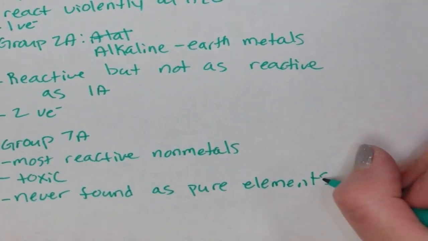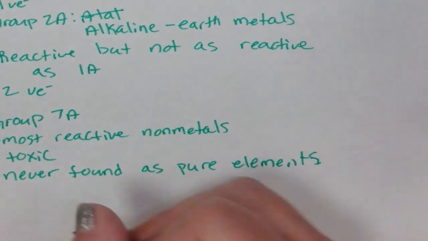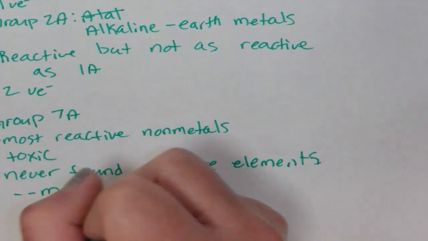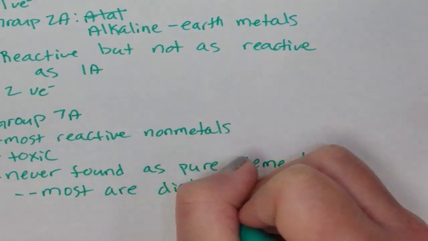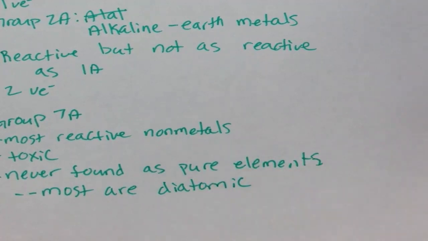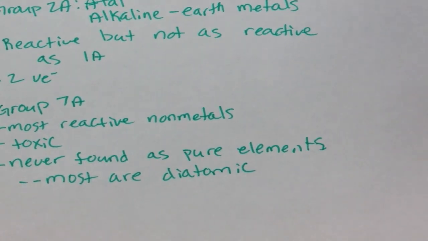All right, so if they're not found as pure elements, what does that mean? Most of these are what we call diatomic. And there are 7 diatomic elements. Not all 7 diatomic elements are found in group 7A, but there are 7 of them.